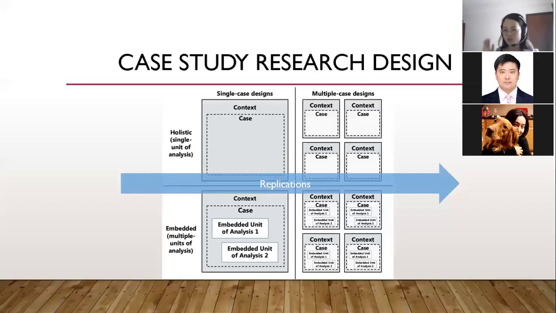So you usually start from 1, and then you repeat this to get either extreme different cases or similar cases, right? This is the right direction to go, replication, instead of sampling. Sampling in survey is like you cast the net to different respondents and collect the response at the same time, possibly. And replication is you do one and repeat that one continuously in the later stages.